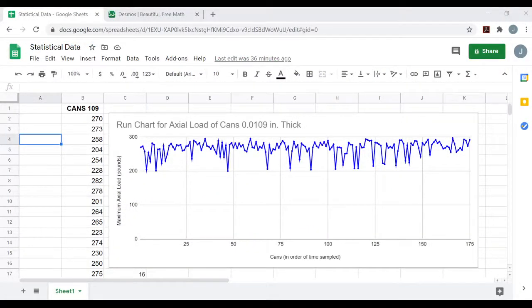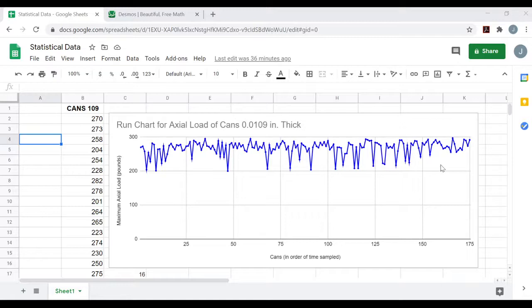Sure, there are values over here on the left side that are about the same as the values on the right side, so it doesn't look like it's trending upward. It also doesn't look like it's trending downward for that same reason. The values in the beginning are about the same as the values at the end. So I'm not seeing some upward trend, and I'm not seeing some downward trend. It seems about level the whole way through.